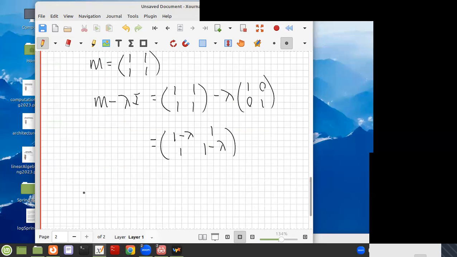So our characteristic polynomial is the determinant of 1 minus lambda, 1, 1, 1 minus lambda. You notice since we have a lambda in here, using Gauss's method to find the determinant is a little bit awkward.